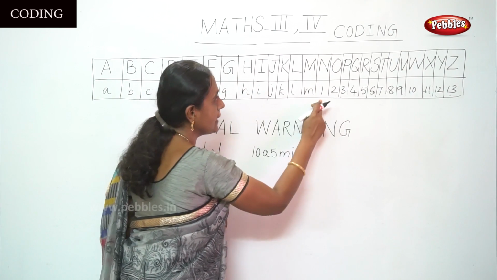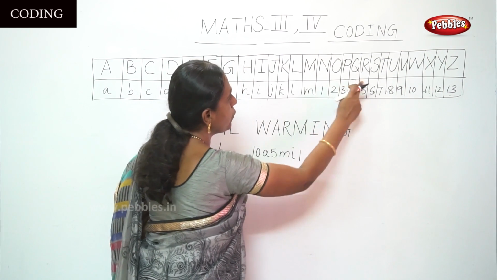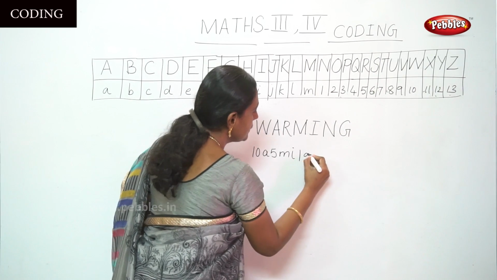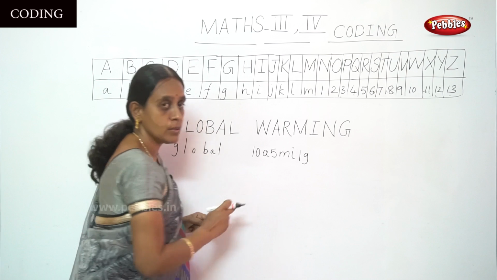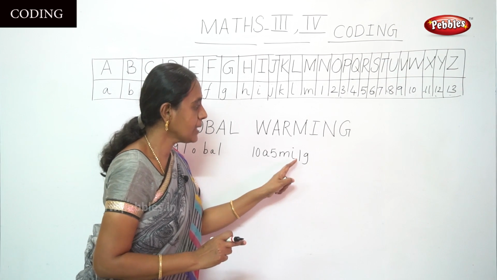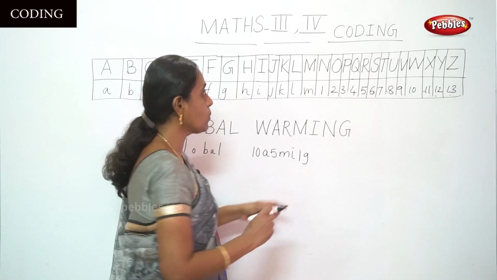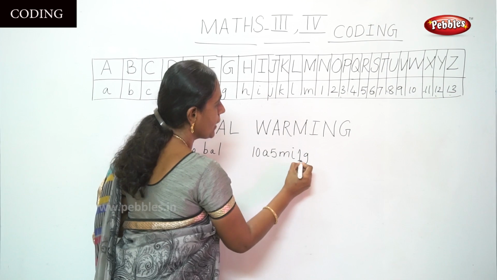And for N, the number 1. And for G, again the small g. So this is the coding number: 10a5mi1g. For N, the numerical is 1.